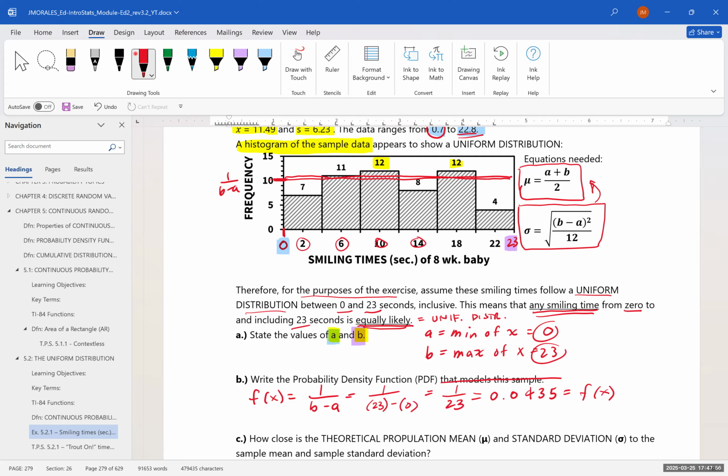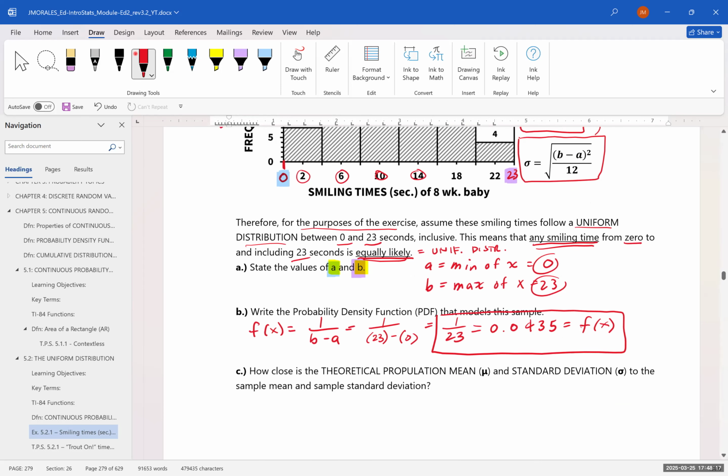So I may use this fraction of 1 over 23 because that'll be the most accurate. I won't have to worry about my answers coming out weird by rounding a decimal. Okay, but this represents the probability density function. F of X is equal to 1 over 23.